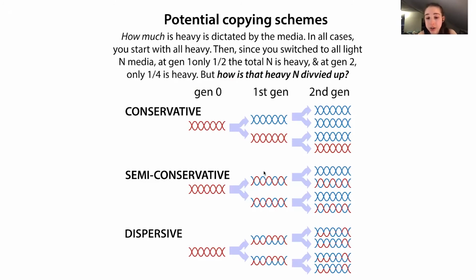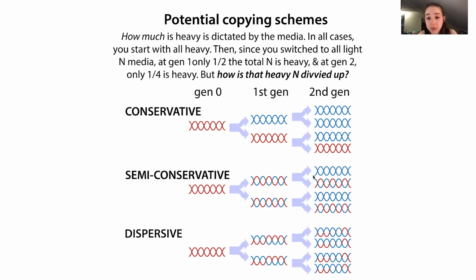The first generation you would have heavy, light, so you would have just a single band for one heavy and one light strand, but these are staying together, so you get a band of intermediate weight. And then after that, you would have those bands with the intermediate, but you would also start having bands with light, light. You would continue to have these intermediate bands, but over time, there would be more and more of the light, light along with it.